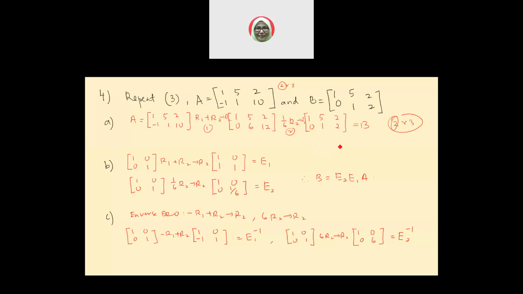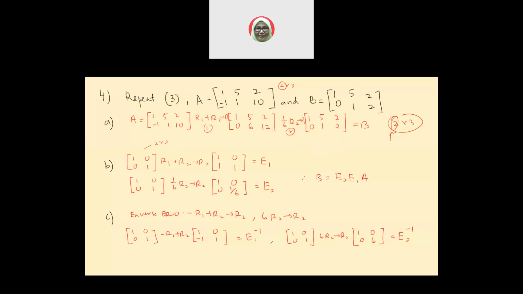To get E1 and E2 using these two elementary row operations, you apply them on the identity matrix. Here the identity matrix is of size 2 by 2. You cannot use 3 by 3 because we should follow the rows of the given matrix.